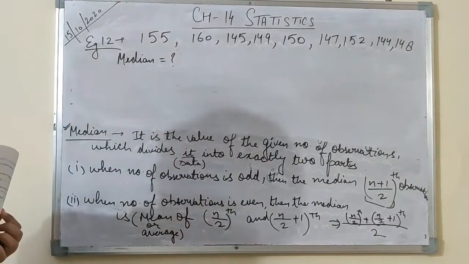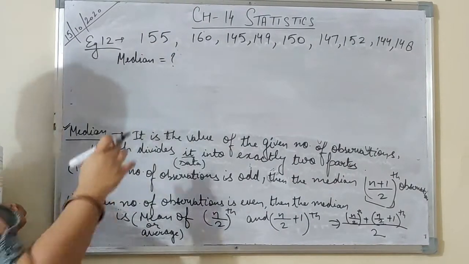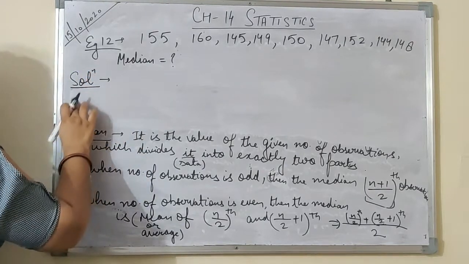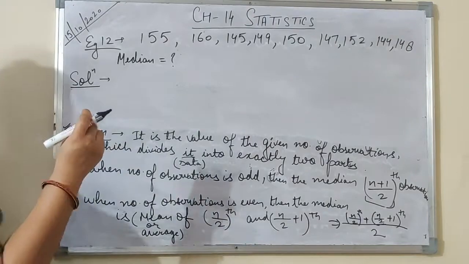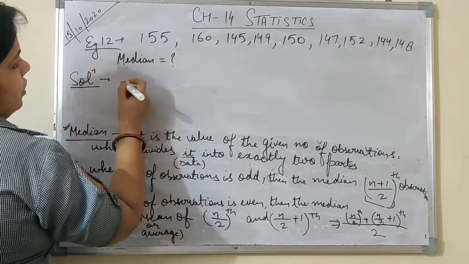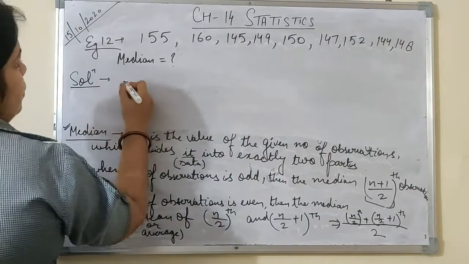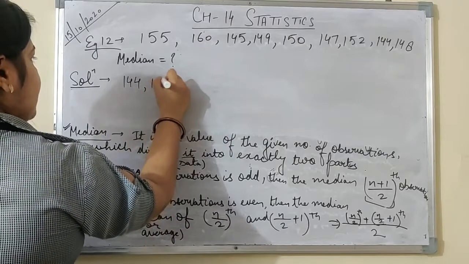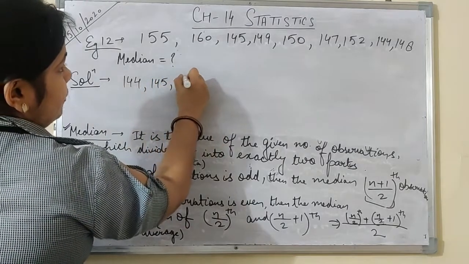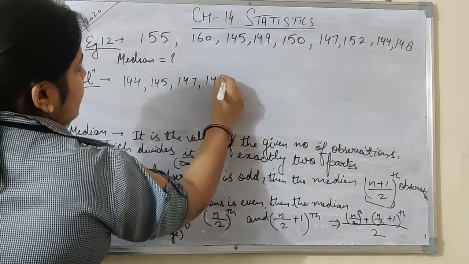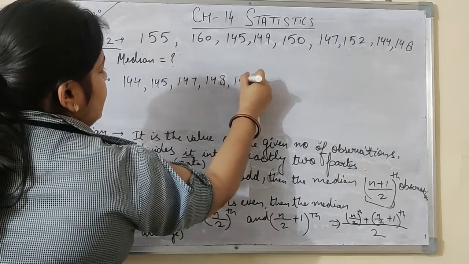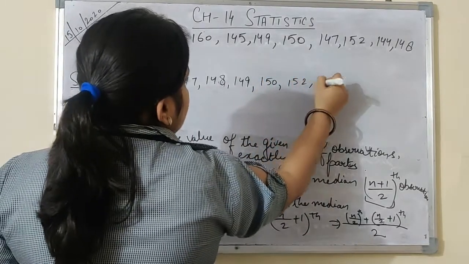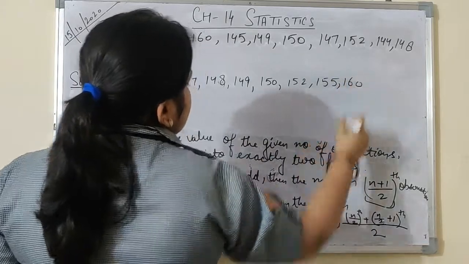Now what will we do? Our first step, whether you have to find mean, mode, or median, should be to arrange your data in ascending order. So in ascending order you will get 144, 145, 147, 148, 149, 150, 152, 155, 160.